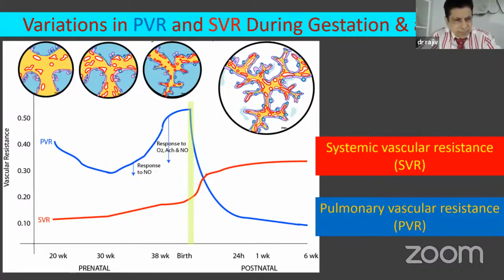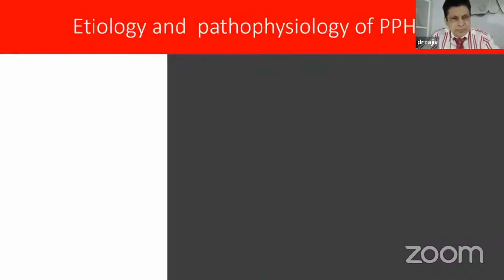But suffice to say that in early term and late preterm, the pulmonary vascular resistance and systemic vascular resistance change dramatically, so that birth becomes a normal physiological response to normalizing the pulmonary vascular resistance.